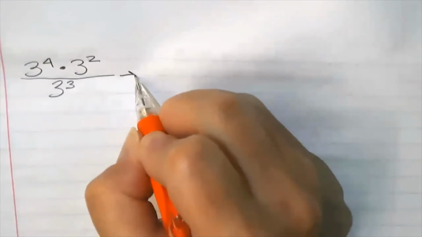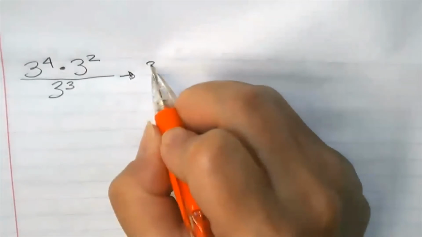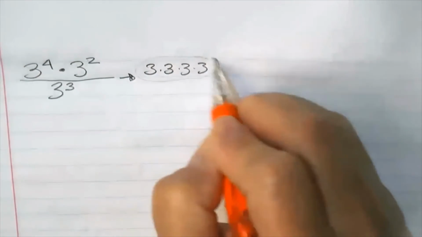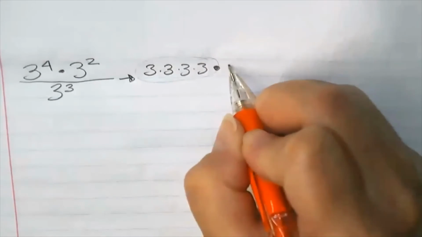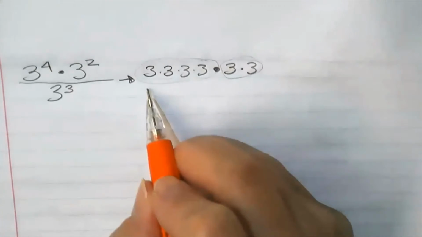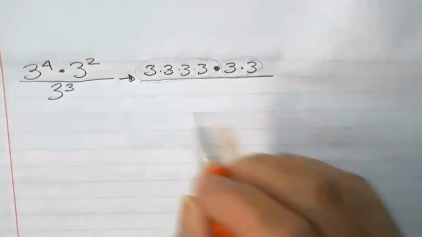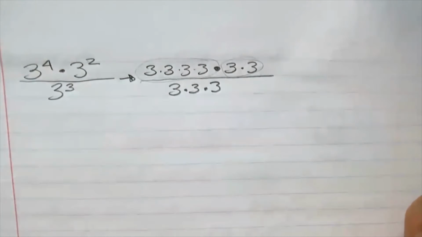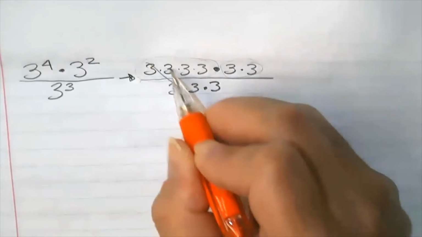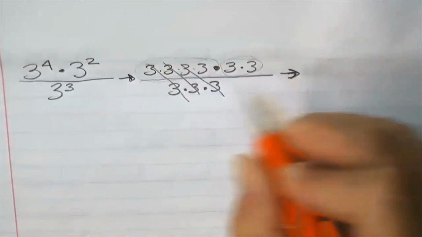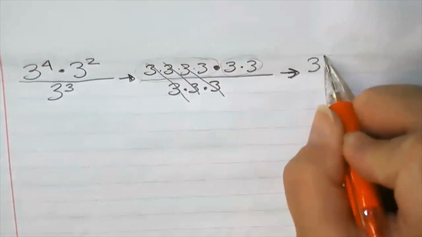So here is 3 to the 4th, times 3 squared, all over 3 to the 3rd. These cancel, and I'm left with 3 to the 3rd.